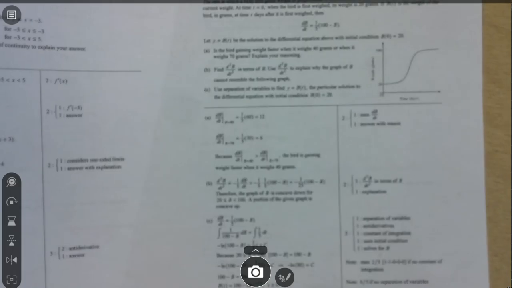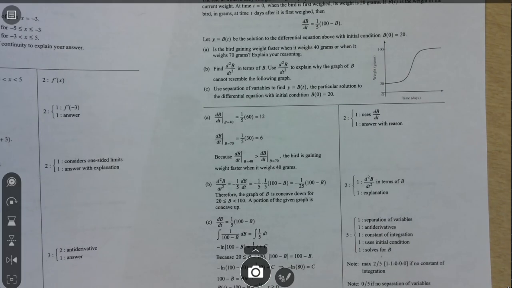B, find the second derivative of B, in terms of B. Use this to explain why the graph of B can't represent the following graph. Okay.